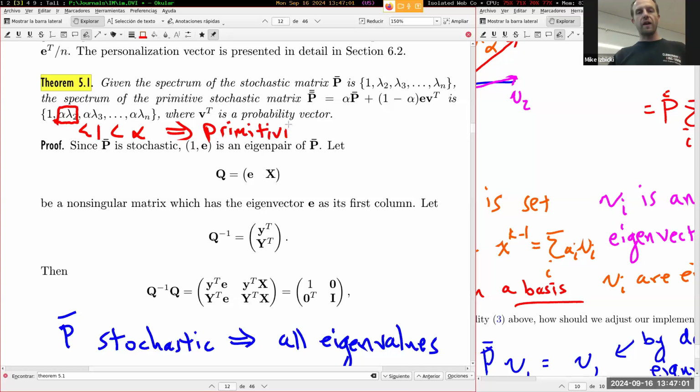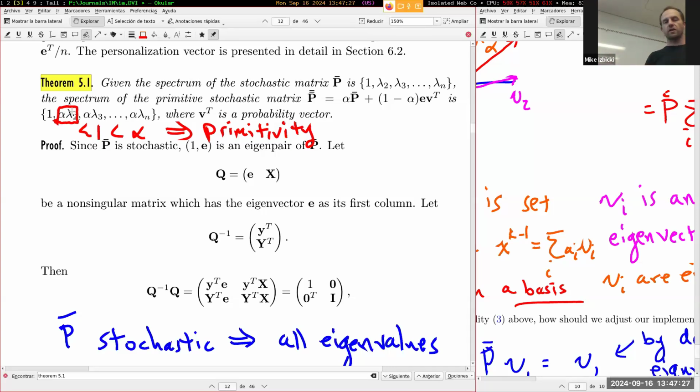And so this theorem 5.1 is where we get that primitivity from. One way of thinking about the alpha hyperparameter, the alpha value, is that it's a measure of how primitive we are. The smaller alpha is, the more primitive we are, because the farther away we are from having two eigenvalues that are the same. And the larger alpha is, the closer alpha is to 1, the closer these two top eigenvalues are going to be to each other, and so the less primitive we are.